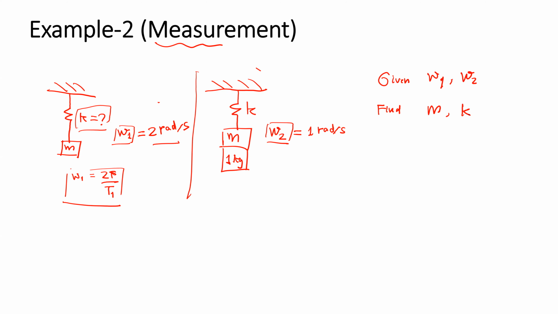The relationship between omega 1 and the mass is omega equals the square root of K divided by M. We have the stiffness and the mass. In case 2, omega 2 is equal to the square root of K divided by the mass plus the mass that we know, like 1 kilogram.